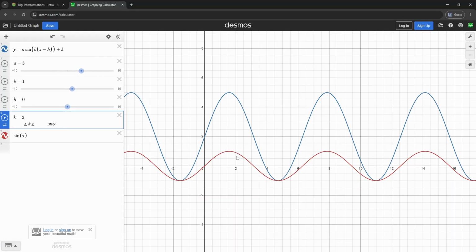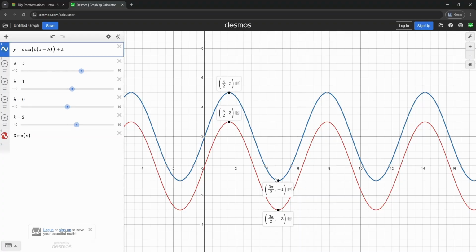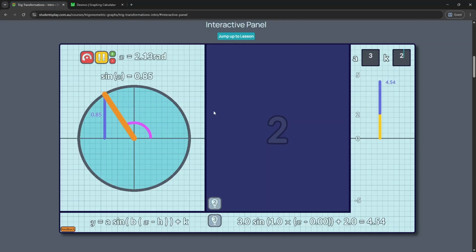All those 3s we had get bumped up by 2 to 5. All the -3s we had get bumped up by 2 to -1. And then all the 0s, which would be here, they get bumped up to 2, which is about here. Kind of makes sense, hopefully.